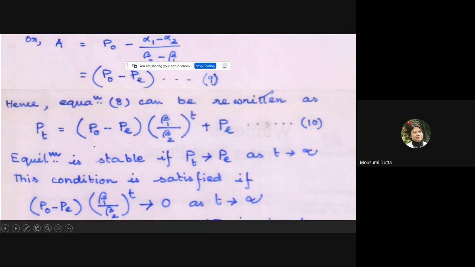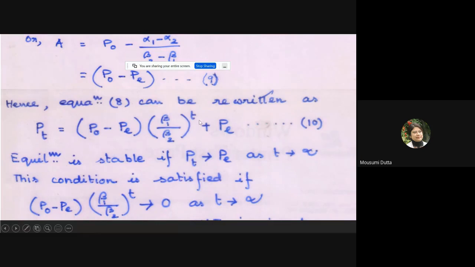Now, it may happen that when you are getting this kind of oscillations and this kind of movement around PE, over time you are coming continuously very close towards PE. In that case, the oscillations will be damped oscillations.